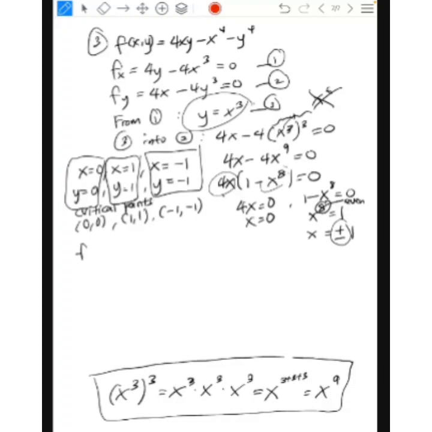Now let's find fxx. fxx is differentiating with respect to x again, so we have -12x to the power of 2. And fyy is differentiating with respect to y again, so you have -12y to the power of 2. And then fxy is 4.